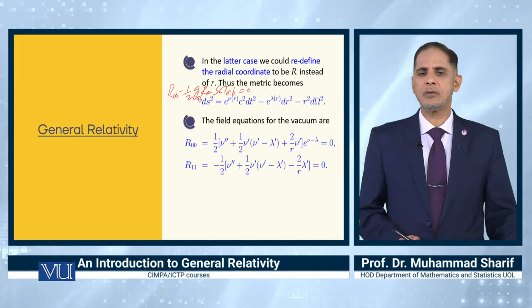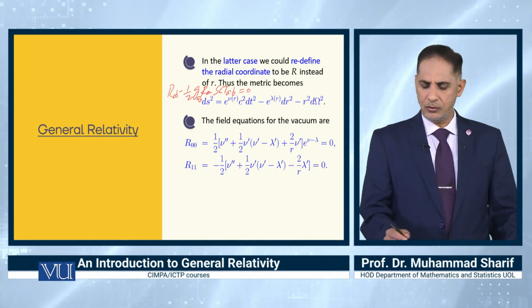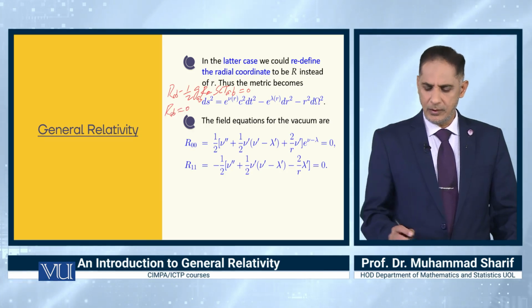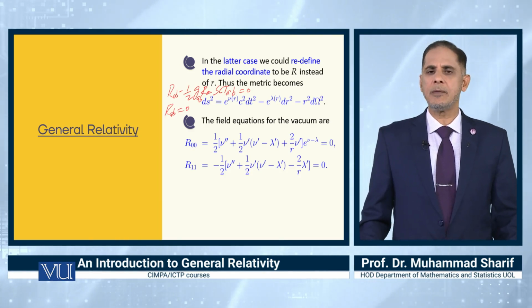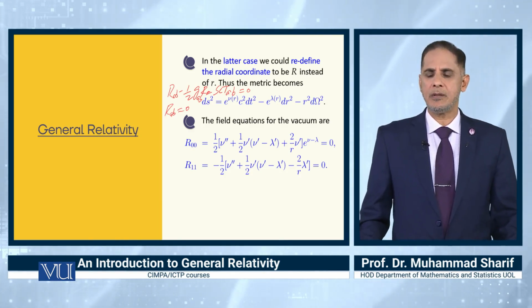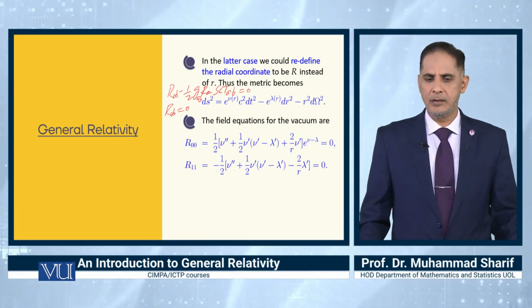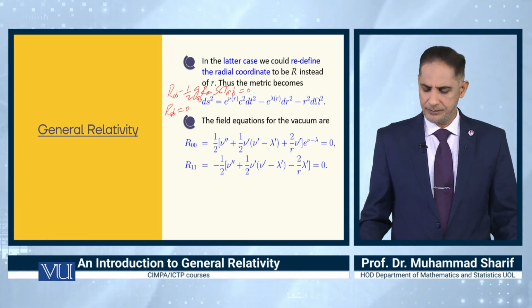So, as we have seen from the trace of the equation, this leads to R_ab equal to 0. So, it means in the vacuum case, the Einstein field equations mean R_ab is equal to 0. So, we just need to find the components of the Ricci tensor.